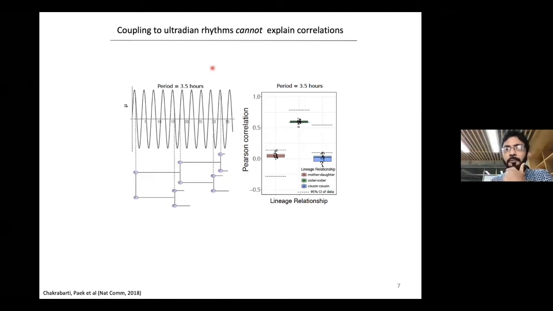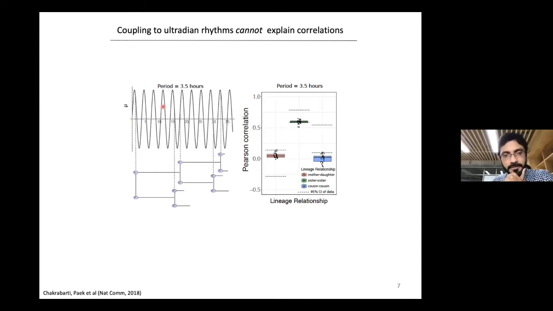These oscillations can also often influence how quickly cells divide. So the next question we asked is, can ultradian rhythms explain the data that we are observing? In short, the answer is no.